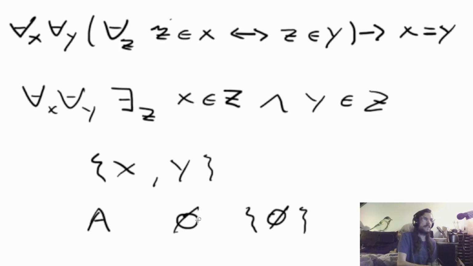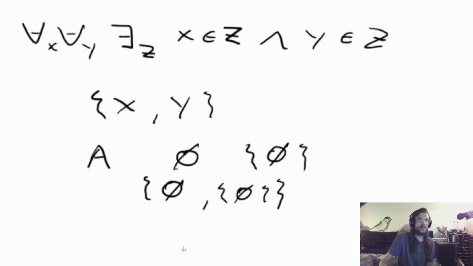And now we can use the third axiom again to say, well, the empty set exists and the set containing it exists. So there must also exist a set with the empty set and the set containing the empty set. You can see how you can build up more complicated structures just by putting shells in shells. And that is how you can create everything using sets.